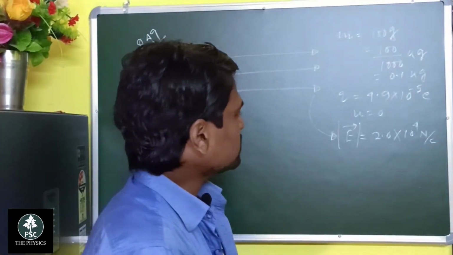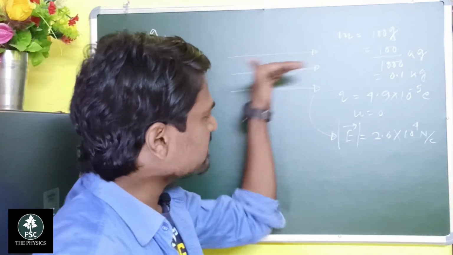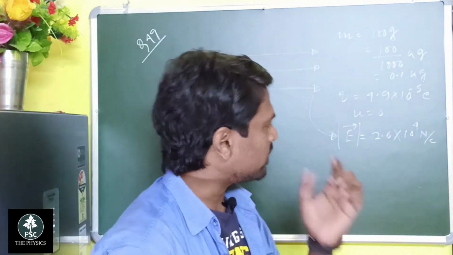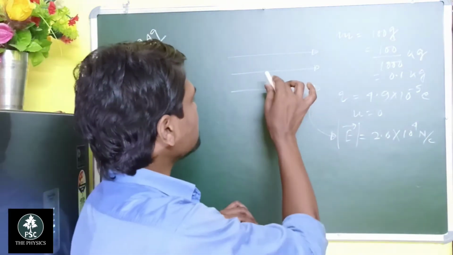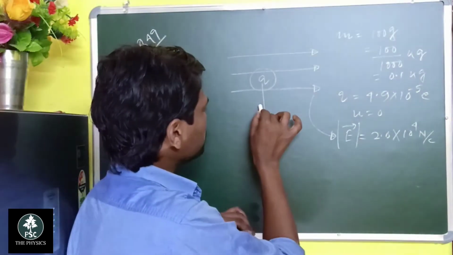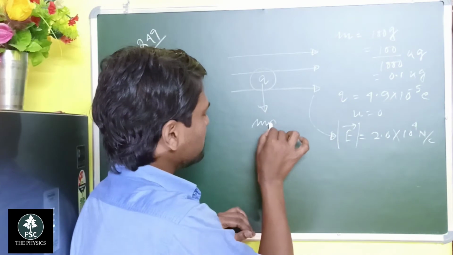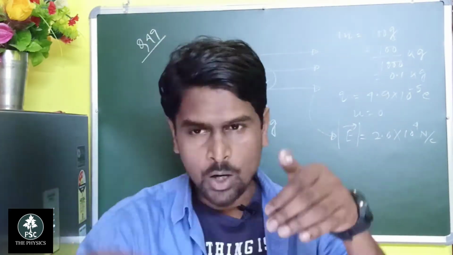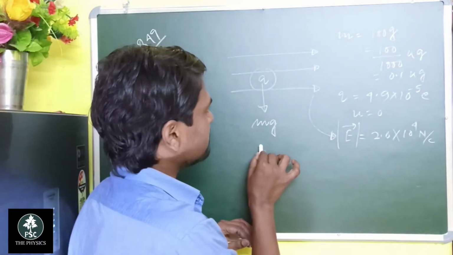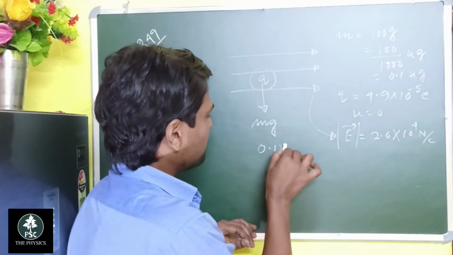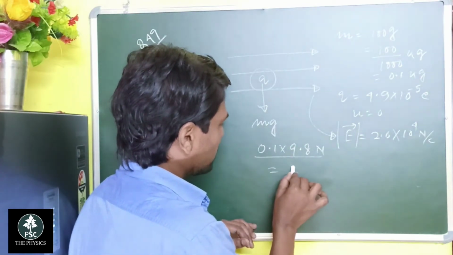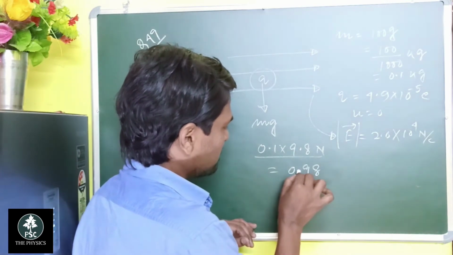Okay, so students, there is an electric field of intensity, magnitude is also given 2.0 into 10 to the power 4 Newton by Coulomb, and a charge is placed here. So first of all, you have to know that weight acts in the downward direction, that is mass into g. Mass is given, that is 0.1, and g is 9.8, so this is equal to 0.98 Newton.